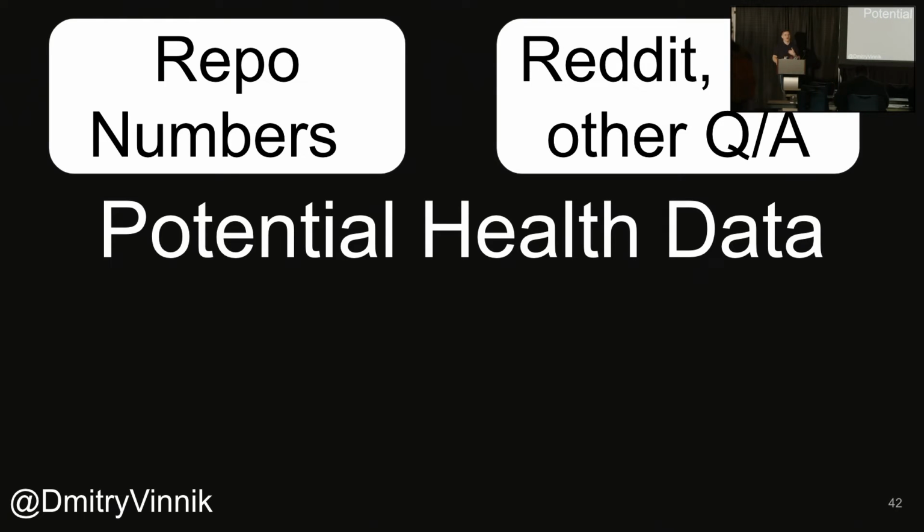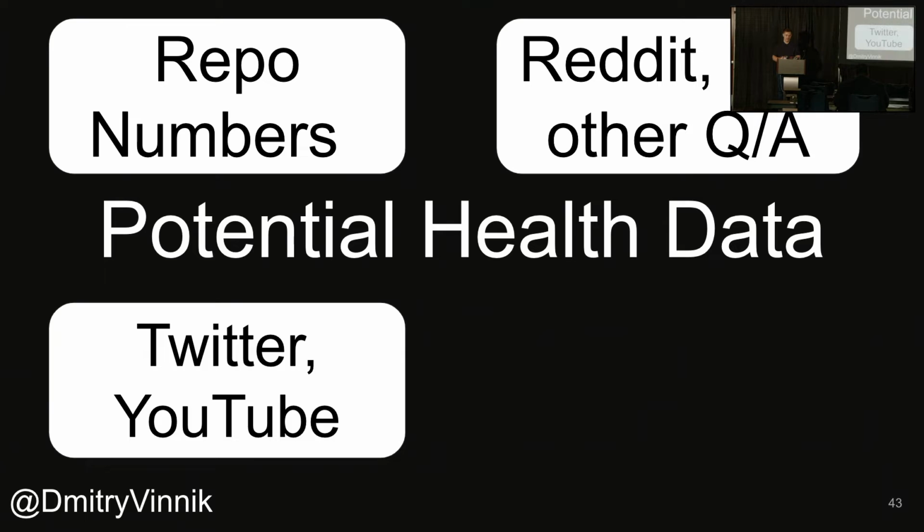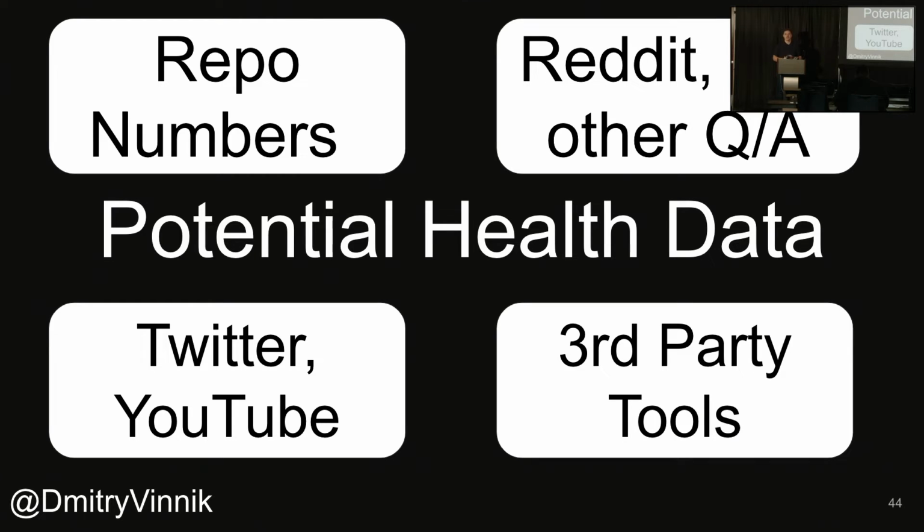Another is you go for community forums. It's Reddit, it's Stack Overflow, wherever else you might have a Q&A sort of place to interact with your community. Twitter, YouTube, right? If that's your goal, the follower count, subscriber count, whatever you want to call it, also might be the metrics behind your project. And lastly, there are some third-party tools out there that you can employ and find useful, right?